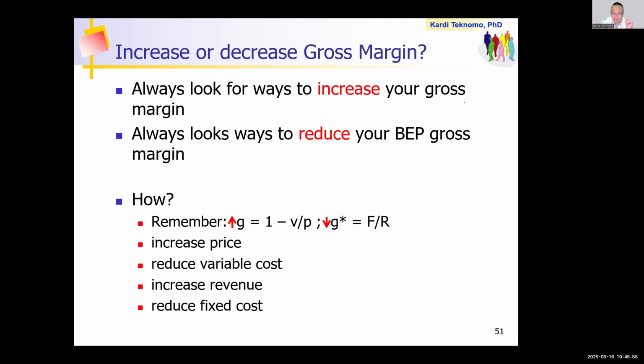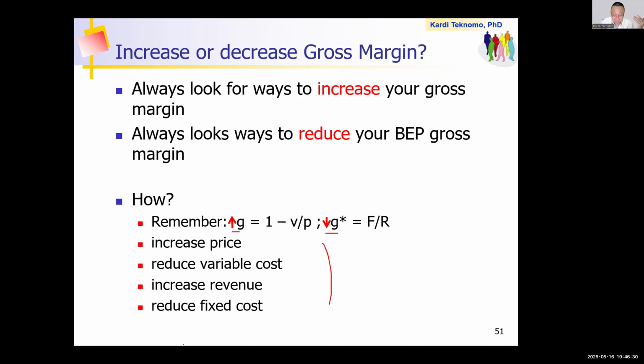The gross margin you want to increase, the BEP gross margin you want to reduce, by increasing the price, reducing variable cost, increasing the revenue, and reducing the fixed costs. Up to here, is it clear or not? Any question?